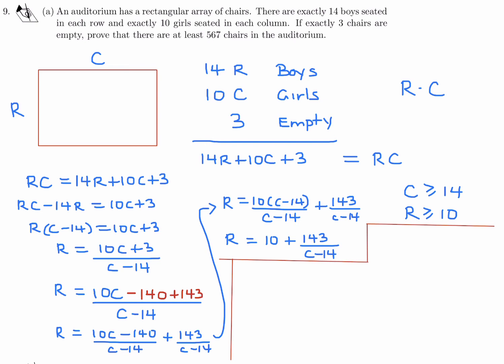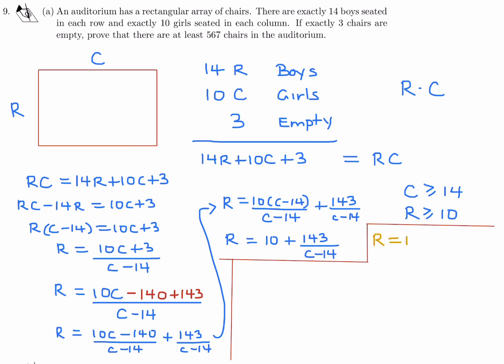Well, R is an integer, right? Because R represents the number of rows. And C is also an integer, it represents the number of columns. So the only way that R is going to be an integer in this equation is if this is an integer, because 10 is already an integer. So we have to somehow make 143 divided by C minus 14 an integer. Well, how do we do that?